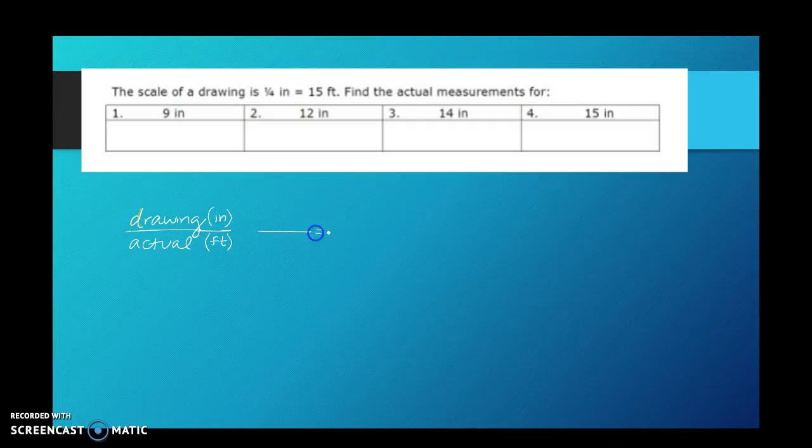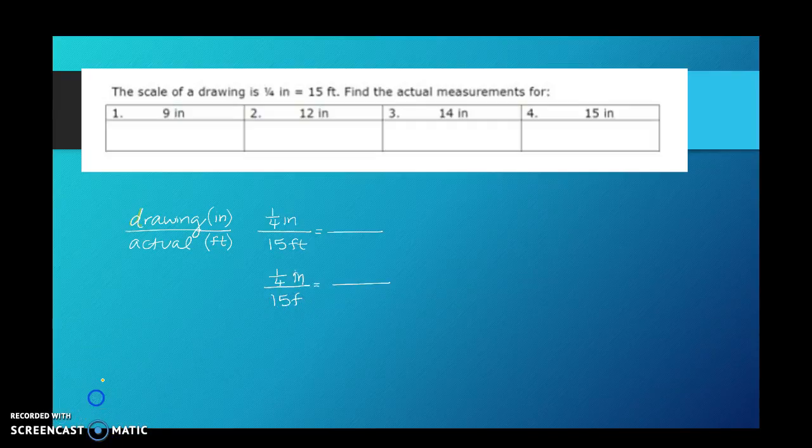Going to go ahead and set up our proportion. So it's saying 1/4 inch, so we know that's on top, is equal to 15 feet. So you're going to write this proportion for each one and solve them. So for example, this one is 1/4 inches over 15 feet.